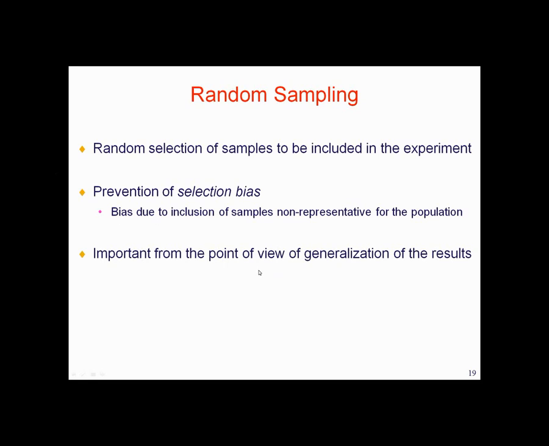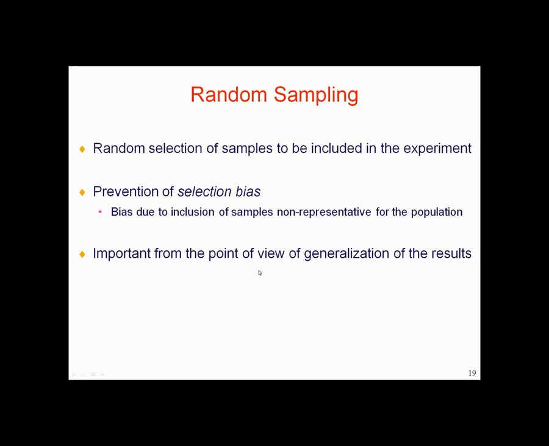Unfortunately, most often people use convenience sampling. They just use available samples which are there. For instance, if you run a lab which is associated with a hospital, you take the data which is available in the hospital, and obviously the patients who come to the hospital may not be representative for the whole population of people, but they might not even be representative for the population of patients with a particular disease.